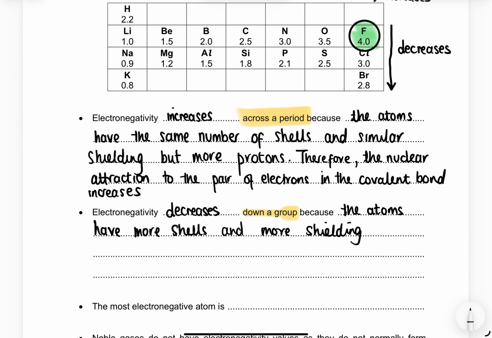This is going to outweigh the fact that there are more protons, so you don't need to talk about the more protons. If there's more shells and more shielding, we don't need to talk about the protons. So there's a weaker nuclear attraction to the pair of electrons in the covalent bond.